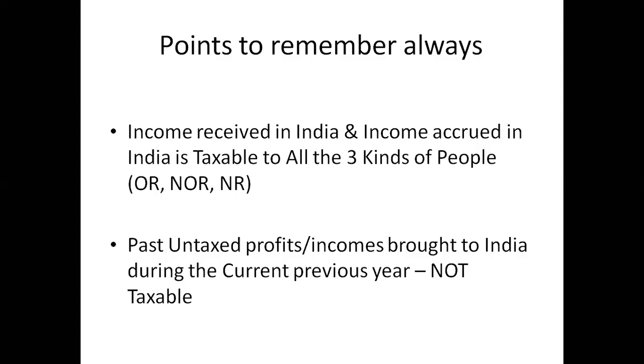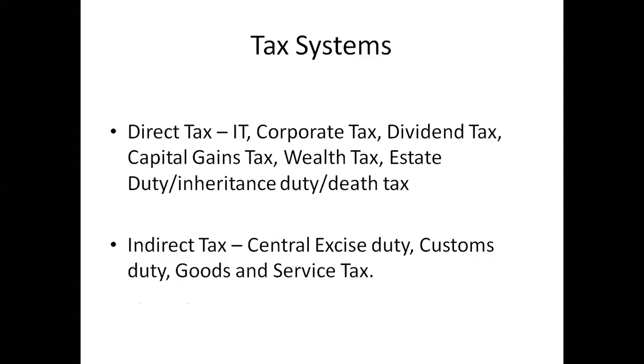Now this is the tax system prevailing in India. The tax levied on the individual or the person is categorized into two parts: one is direct tax and the other is indirect tax.